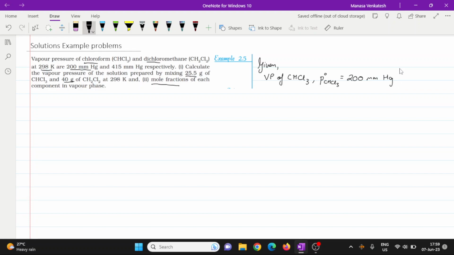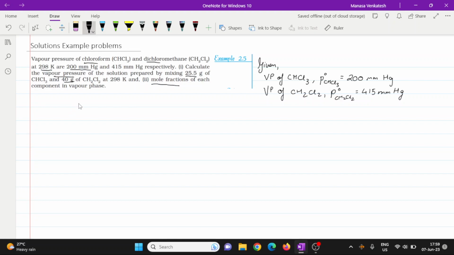Okay, the next thing that's been given to us is the vapor pressure of CH₂Cl₂, which is dichloromethane. P naught CH₂Cl₂ will be equal to 415 mmHg.